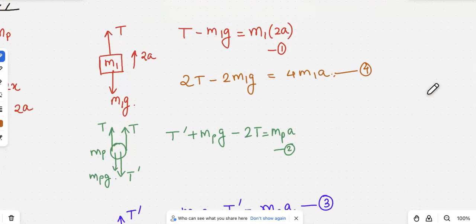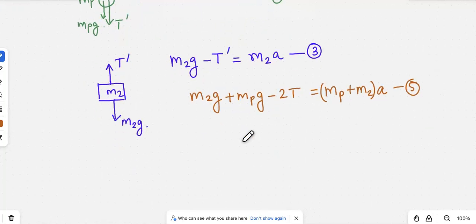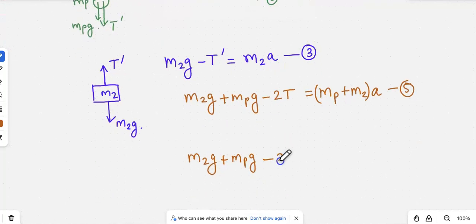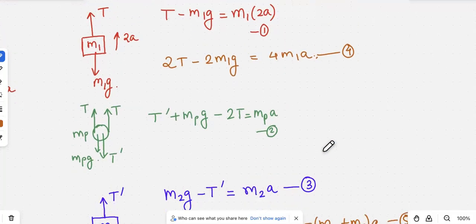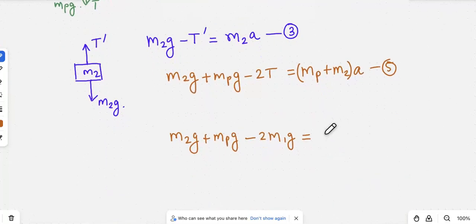If I add the fourth and fifth equations, what I will get is m2g plus mpg minus 2m1g is equal to 4m1a plus mp plus m2 times a.